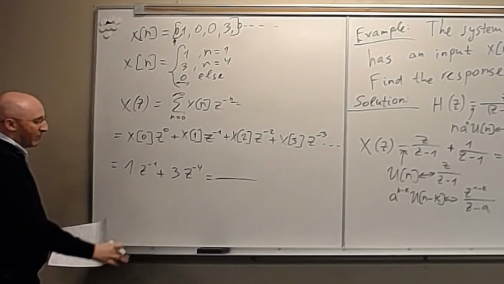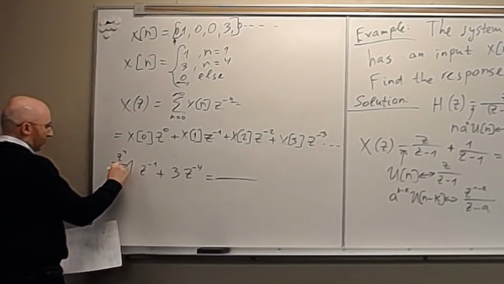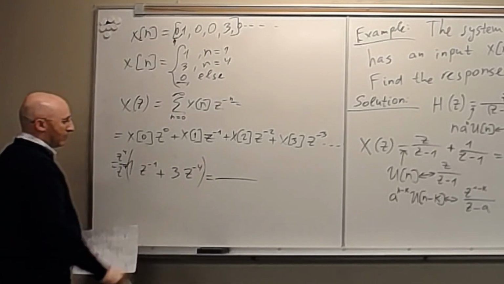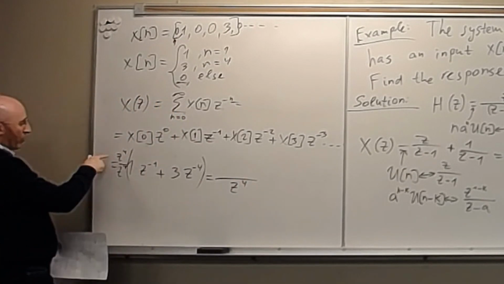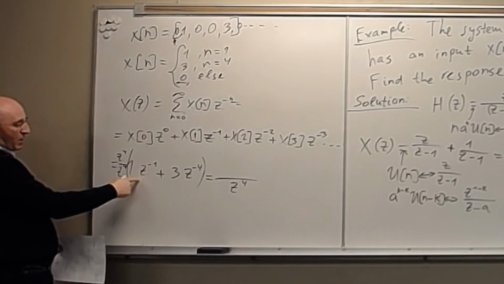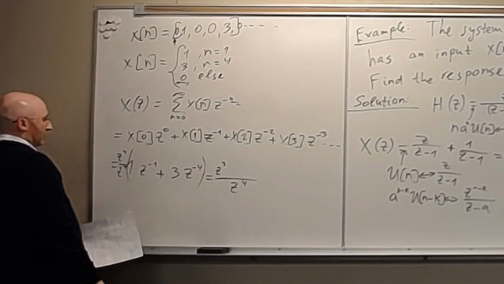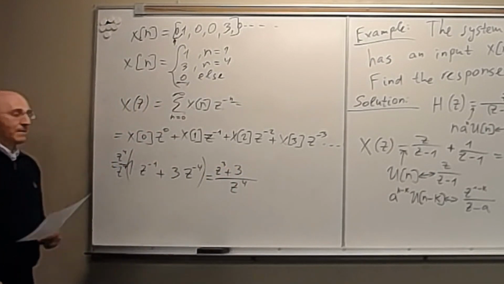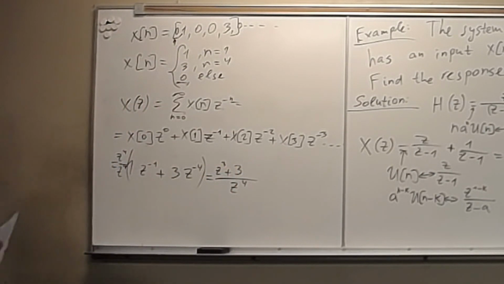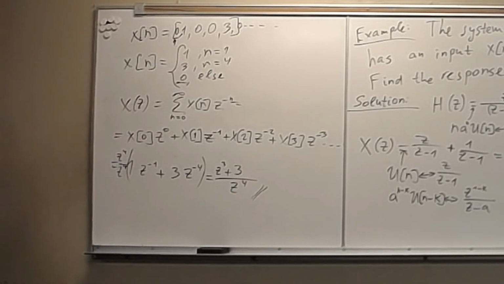So you're multiplying and dividing by z to the 4th. On the bottom you have z to the 4th, and on the top you have z to the 4th times z to the minus 1, which will be z cubed, plus 3. This is what we want. So this is the z transform of that specific sequence.